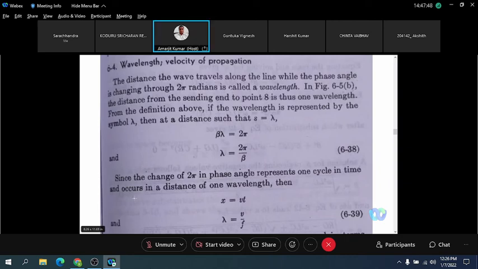So basically lambda will be 2 pi upon beta. As per this definition, beta into s is equal to 2 pi for distance s equal to lambda. So beta lambda is equal to 2 pi, so lambda is equal to 2 pi upon beta. Beta is the phase constant, you know.